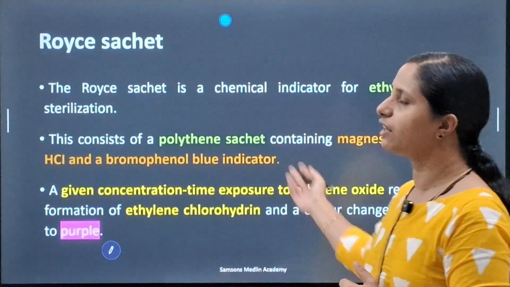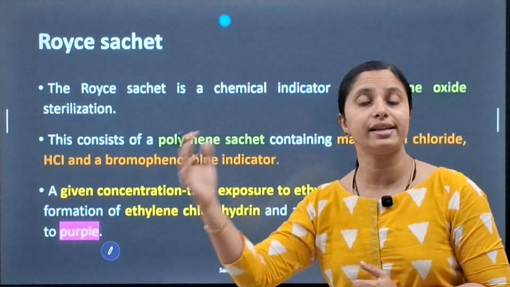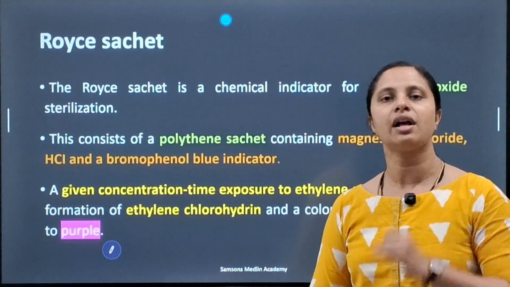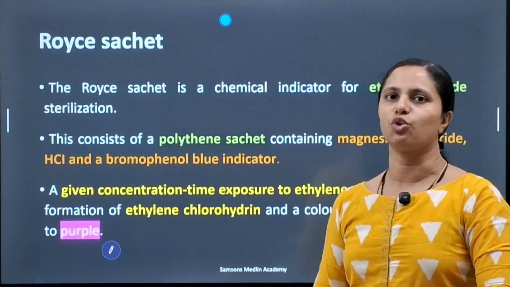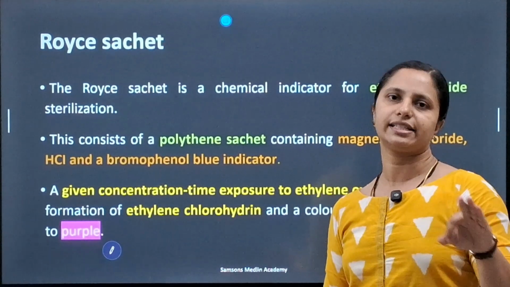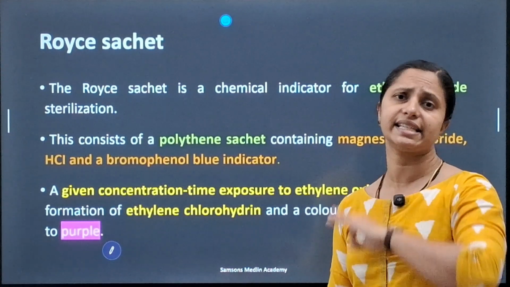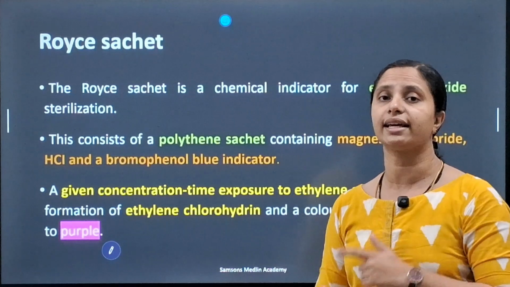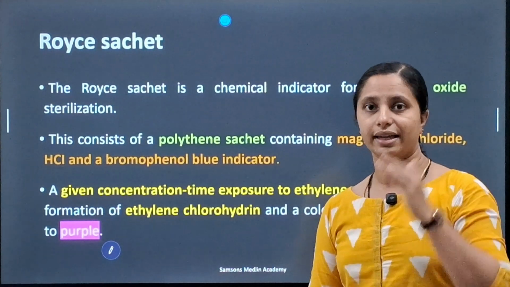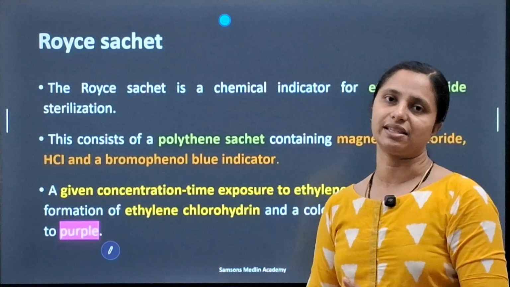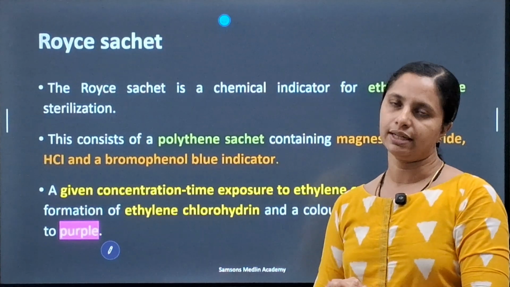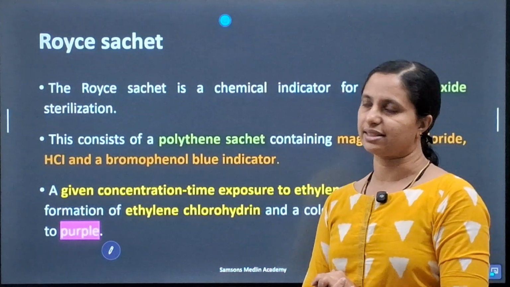So this is all about Roy's sachet. Remember, Roy's sachet is an indicator of ethylene oxide sterilization. Brown's tube and witness tubes are indicators of heat methods, and heat sensitive tape is used in the Bowie-Dick test. Similarly, dosimeters are indicators for radiation sterilization. Bubble point pressure test is an indicator of filtration sterilization.